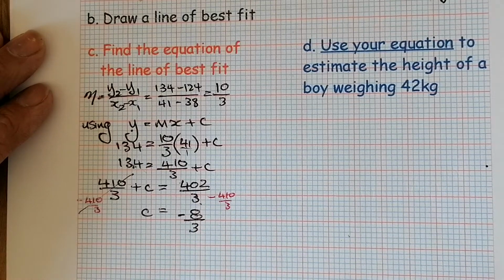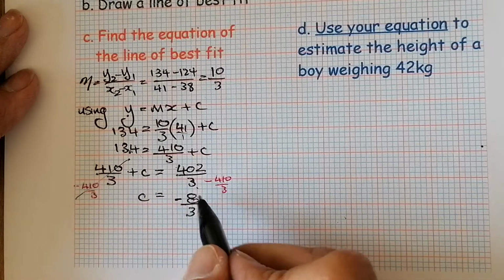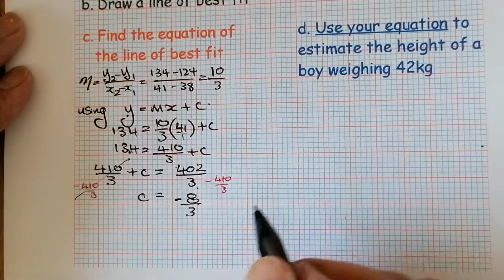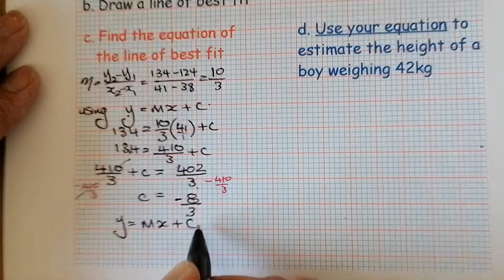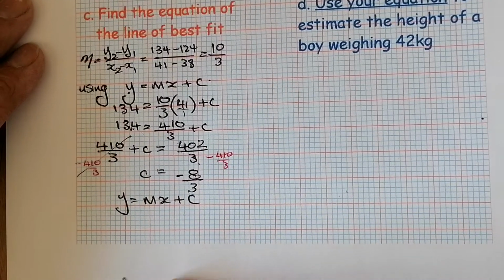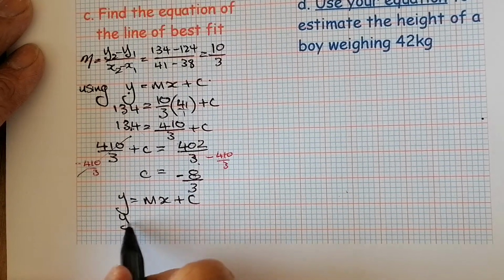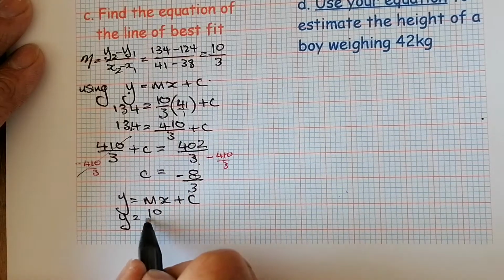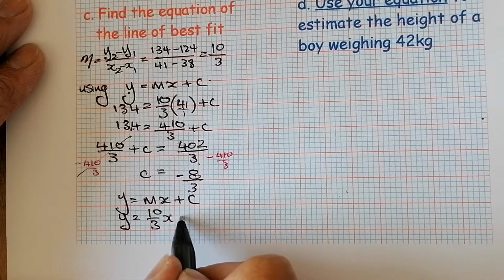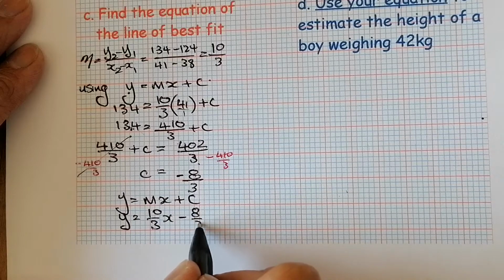So there's my c value. All I'm going to do is write that into this equation. So y is equal to my gradient, which is 10 upon 3, x, and it's minus 8 upon 3.